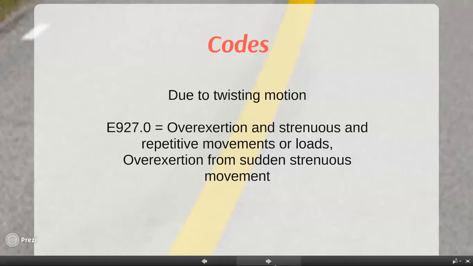And it does say there, twisting injury, sudden strenuous movement. So you have to choose between repetitive movement or sudden strenuous movement. When you're playing basketball, it's not a repetitive motion all the time. It's not the exact same thing that you're doing. Like if you were pedaling a bicycle, that's the exact same motion over and over and over, whereas basketball is different. So it's going to be that sudden strenuous movement.